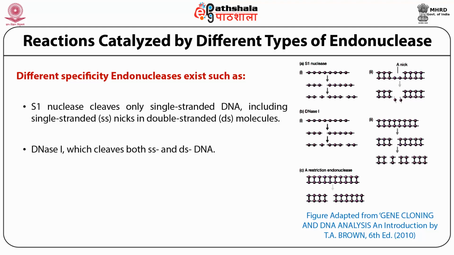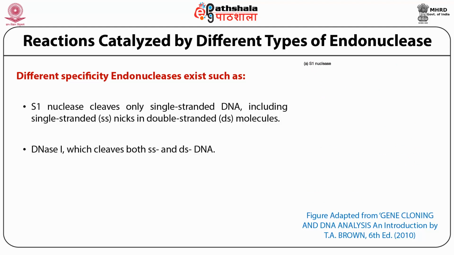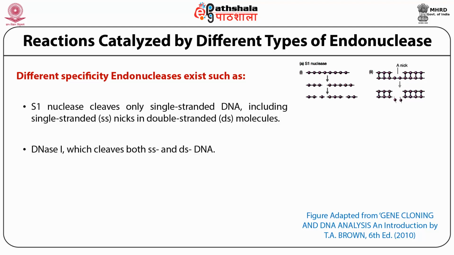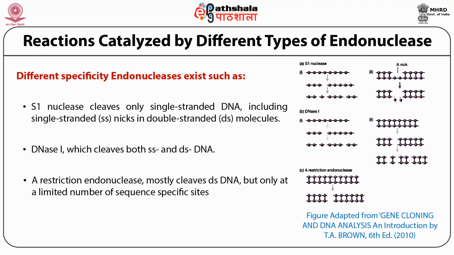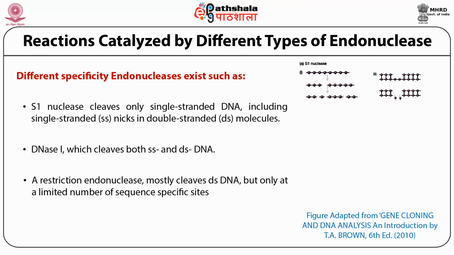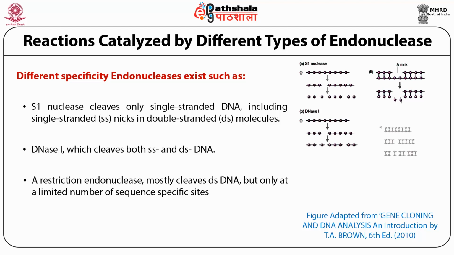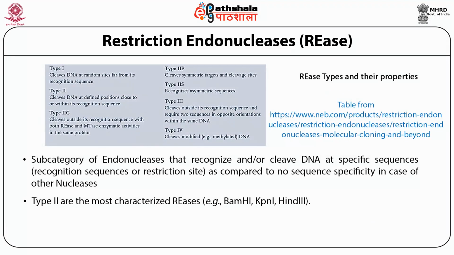DNase 1 cleaves both single stranded DNA as well as double stranded DNA, as shown in the cartoon on your right. And then there is a category referred to as restriction endonucleases. They mostly cleave double stranded DNA but only at a limited number of sequence specific sites. Restriction endonucleases are further divided into multiple categories.